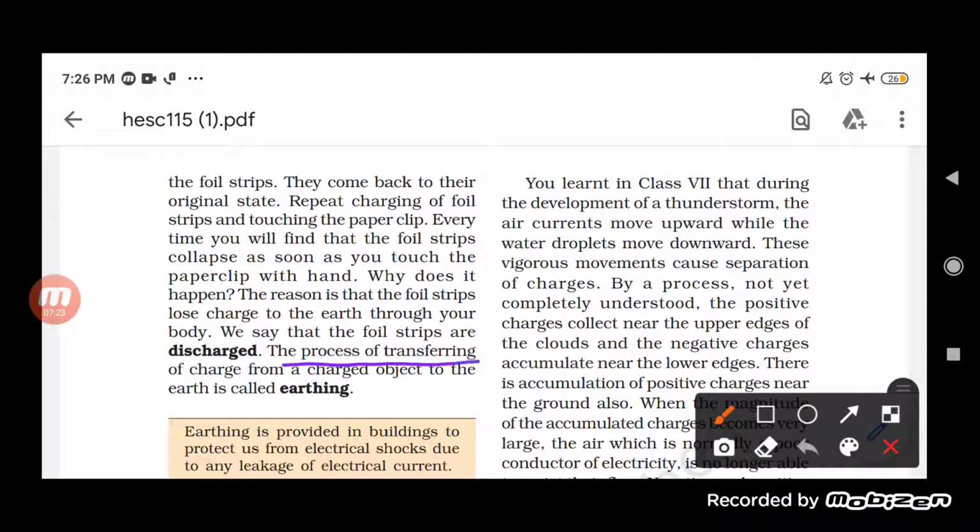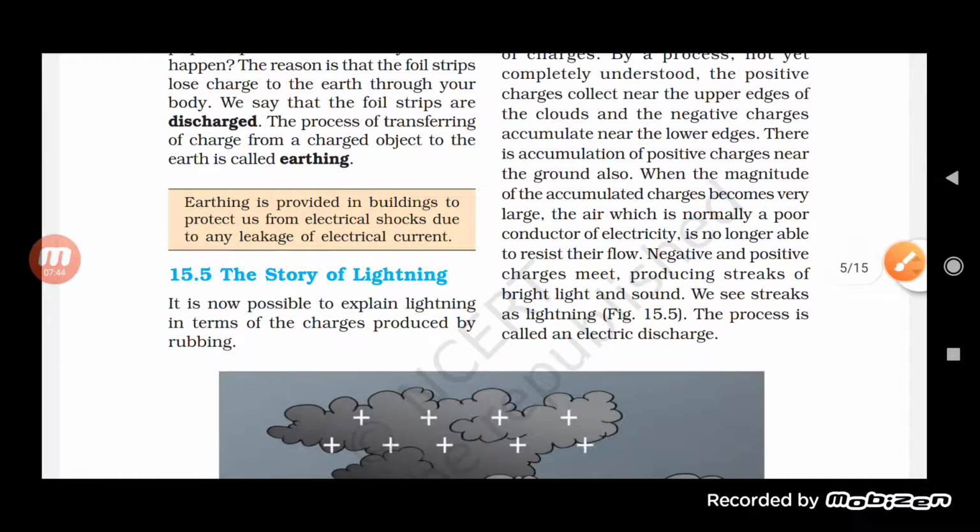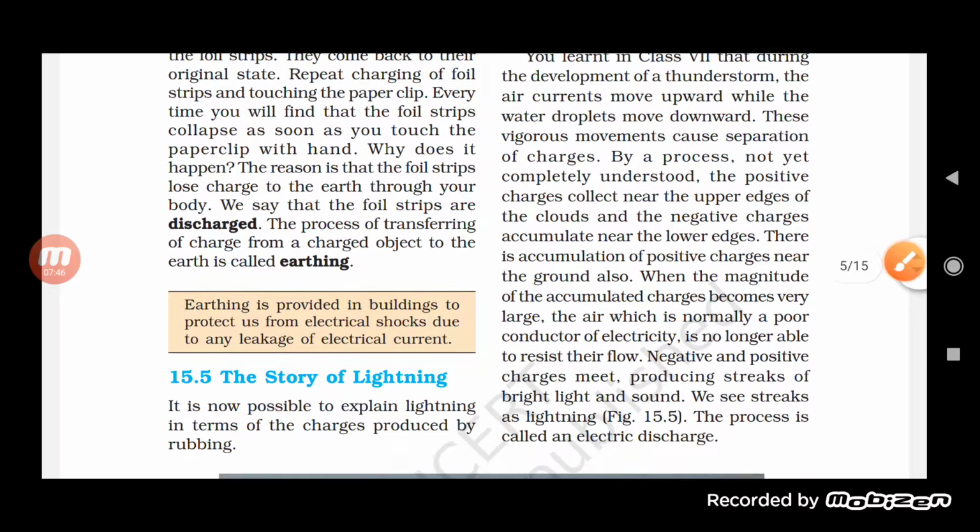The process of transferring charge from a charged object to the earth is called earthing. So earthing is the process in which charge is transferred from a charged object to the earth. Here we were discussing how the lightning process occurs.